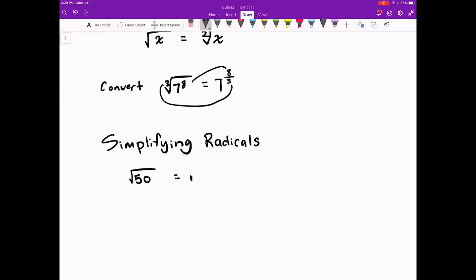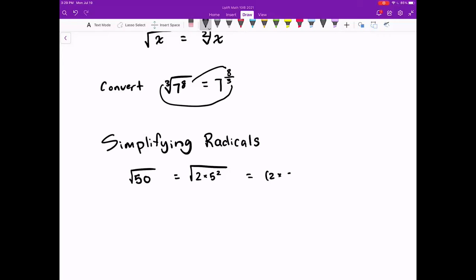So we prime factorize 50, which gives us 5 squared times 2. Then we can use the product rule, because it's technically to the power of 1 divided by 2. So we can split up the 2 and the 5.